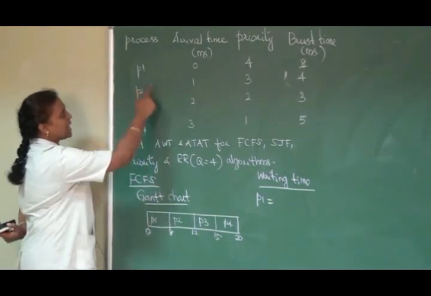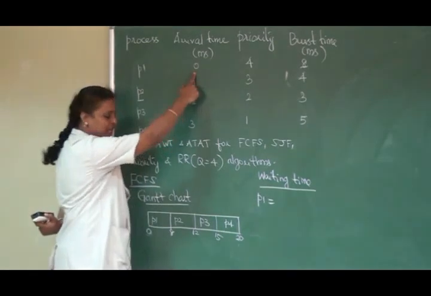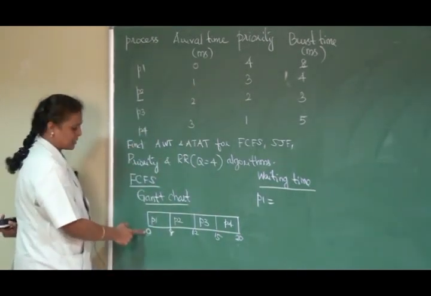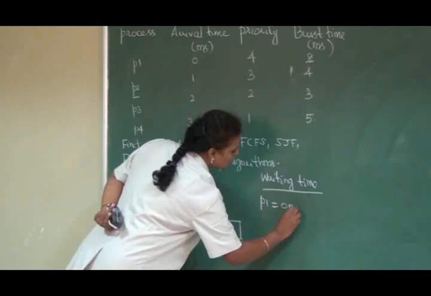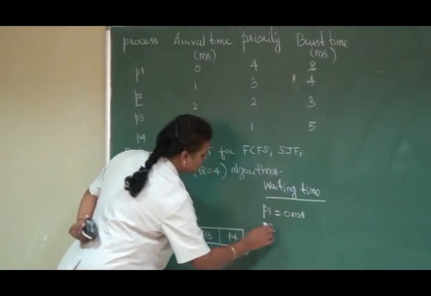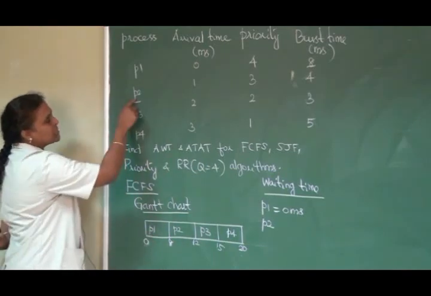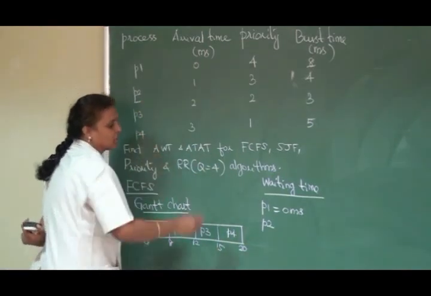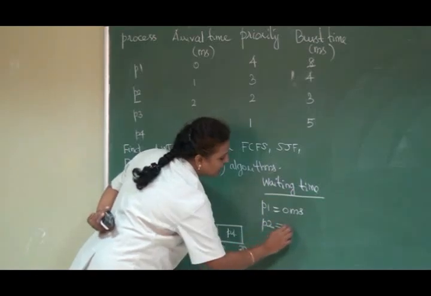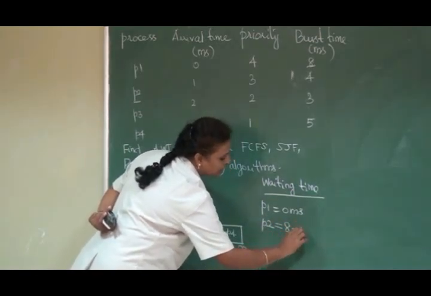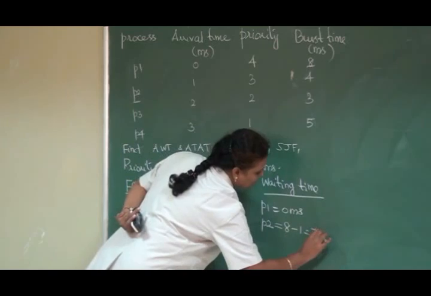P1 arrived at the 0th millisecond and the CPU was assigned immediately, so its waiting time is 0 milliseconds. Then process P2 gets the CPU in the 8th millisecond, but it arrived only at the 1st millisecond. So its waiting time is 8 minus the arrival time, which is 7 milliseconds.